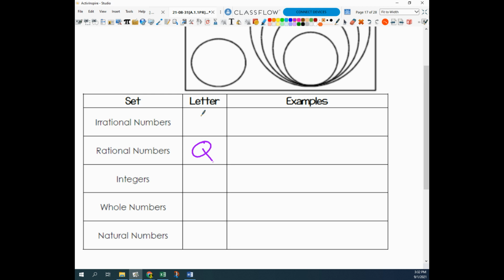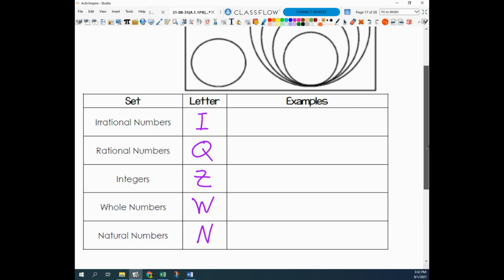In our notes, we're using I for irrationals, but different textbooks will treat that differently. So the set of integers then, since I's already been used, is Z, and that's pretty common. Usually we use Z for integers. Whole numbers, we don't really use that much, but that's W, and natural numbers is N.